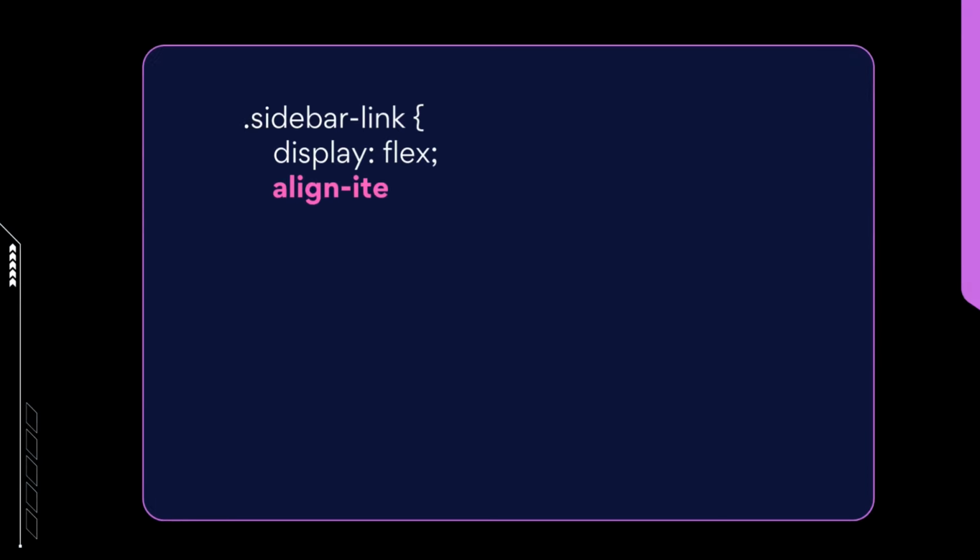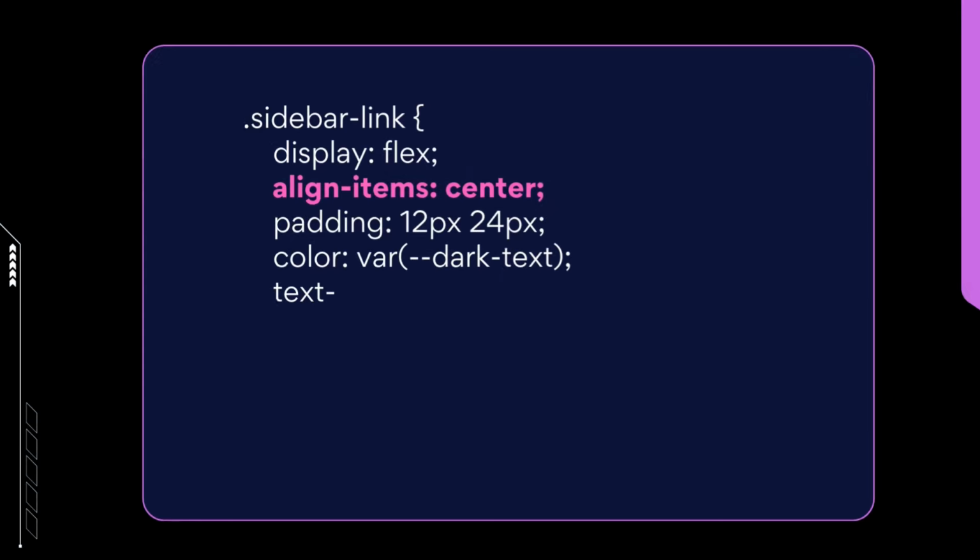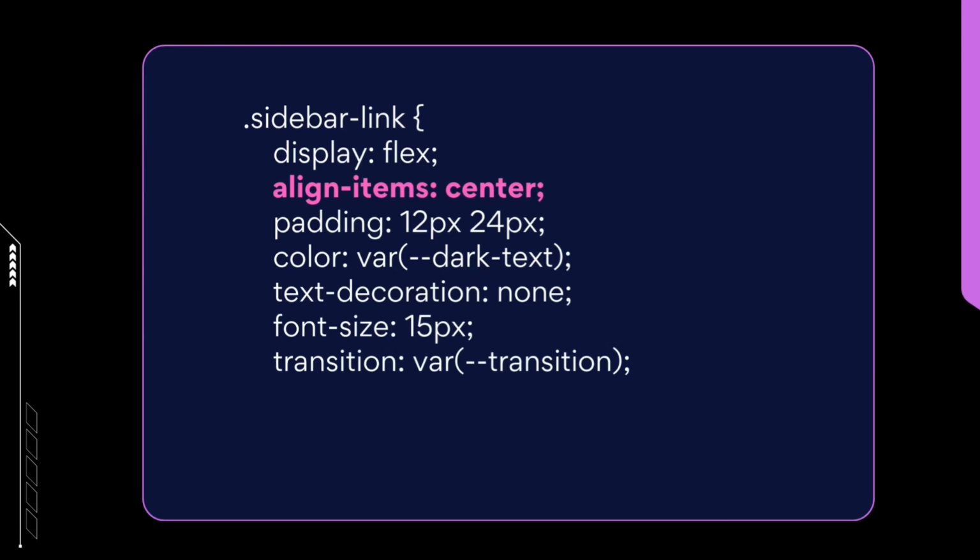We have an icon and text that need to sit side by side, vertically centered. Without Flexbox, this would be much more complicated. Align items center handles the vertical alignment perfectly.